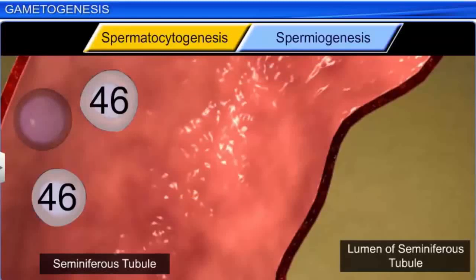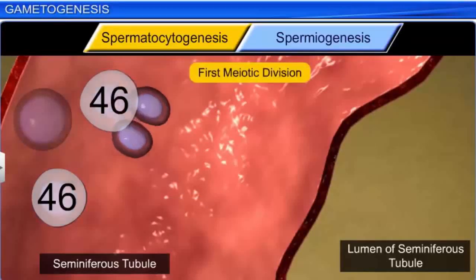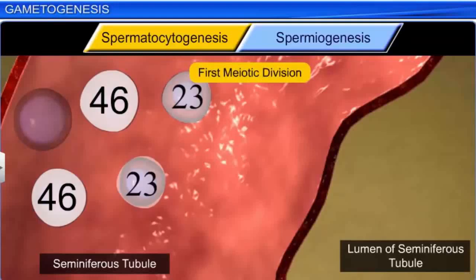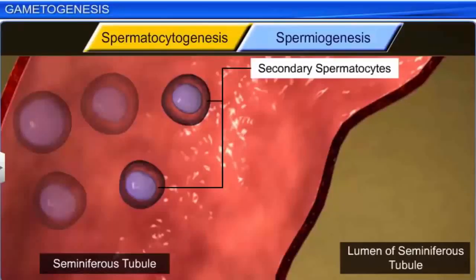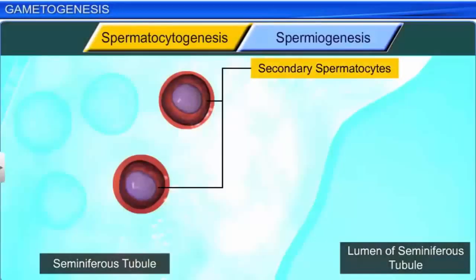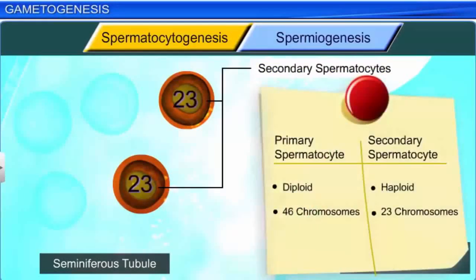This primary spermatocyte divides meiotically to form 2 equal cells called secondary spermatocytes. Unlike primary spermatocytes, secondary spermatocytes are haploid cells containing 23 chromosomes each.